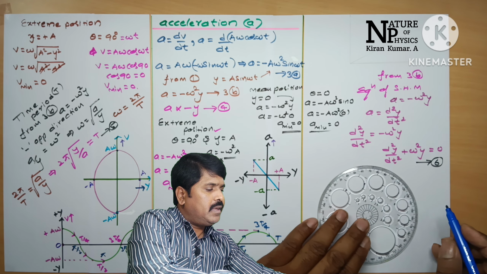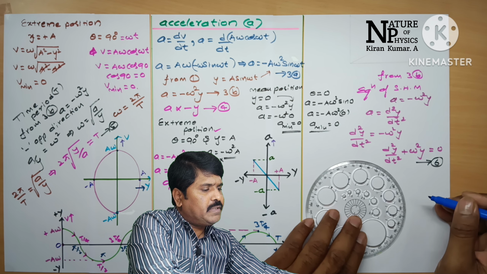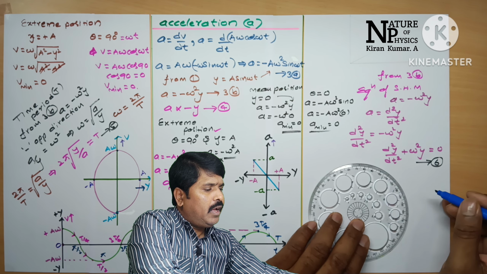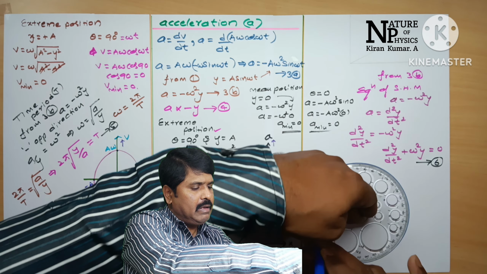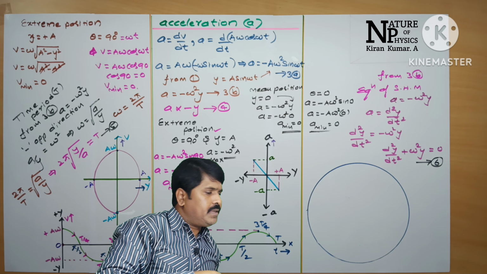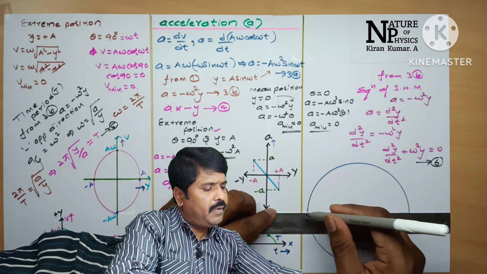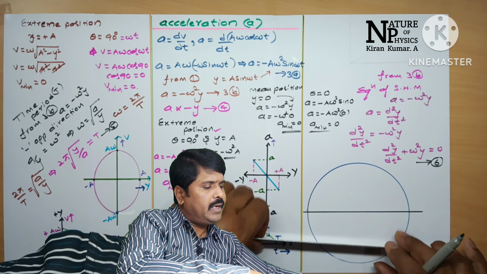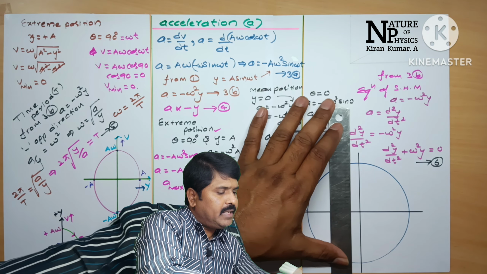Here, students, see there, representing positions, mean position and also extreme position. This is the horizontal axis, and this is the vertical axis.